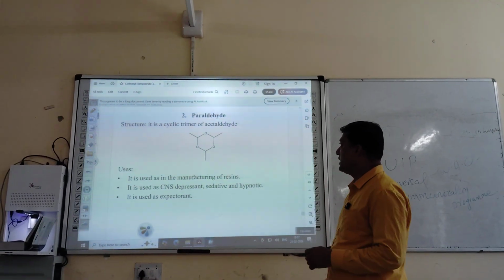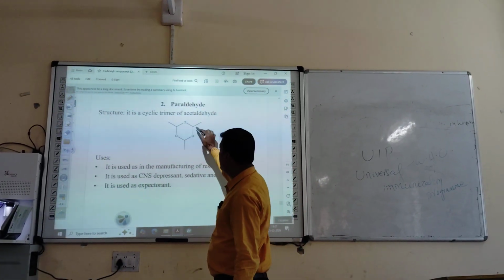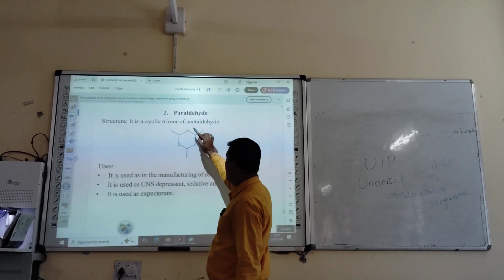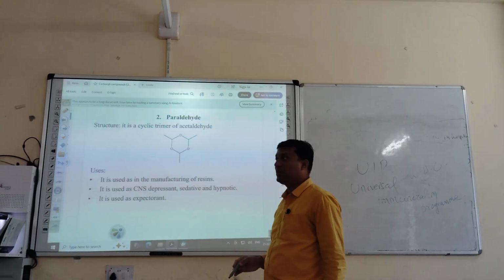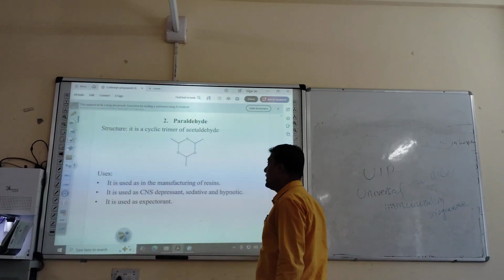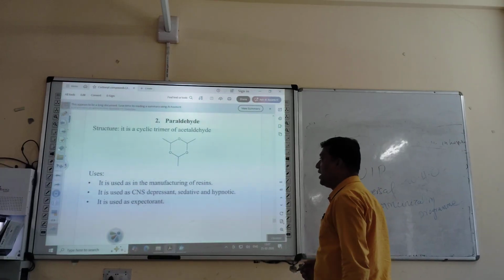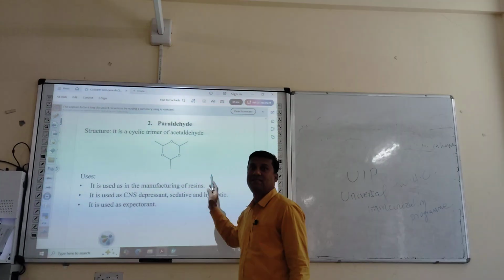That's why it is a trimer of acetaldehyde. Three acetaldehydes are linked with each other by oxygen atoms, and it is used in the manufacturing of resins.